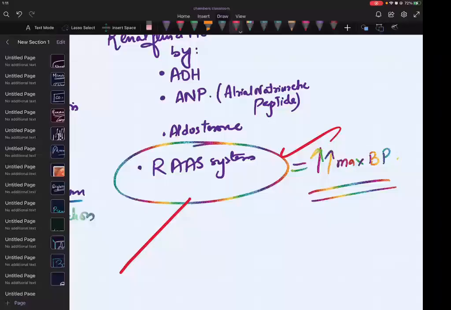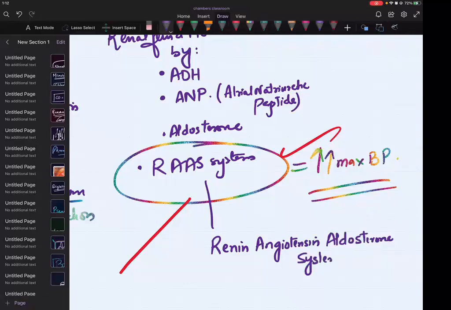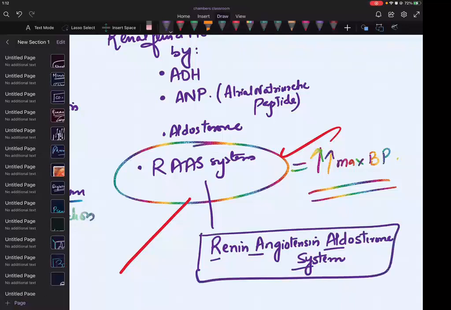Let me write the full meaning of RAS: renin, angiotensin, aldosterone system. This is the full form.